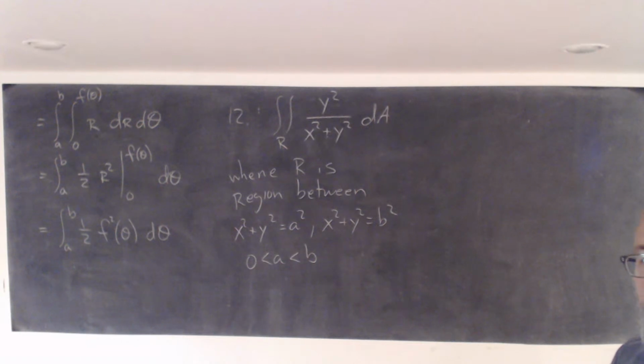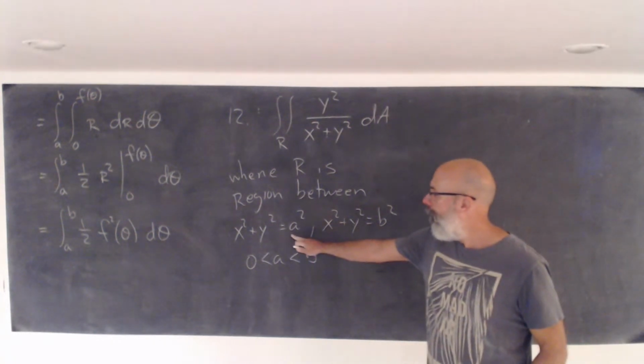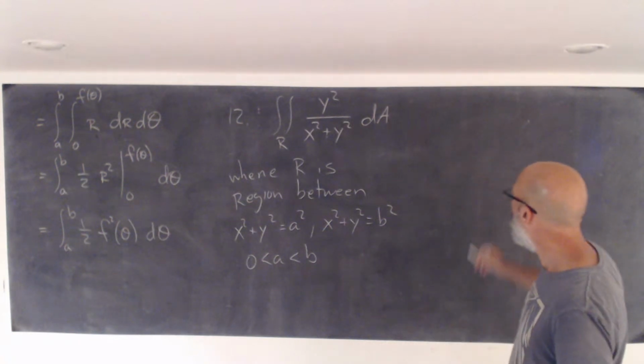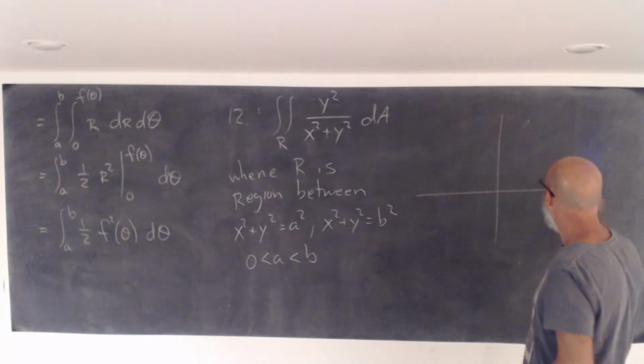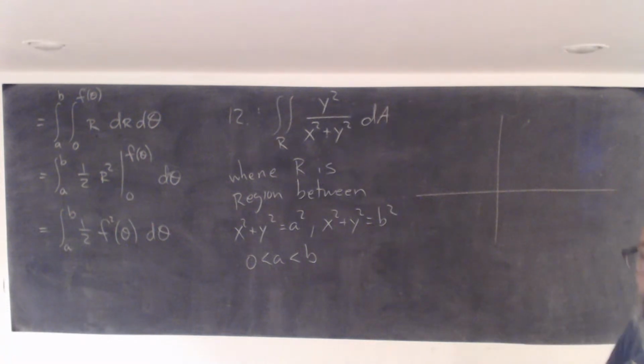All right, take a moment and graph the region we're integrating over. What are these things? You know what they are. These are two circles centered at the origin.